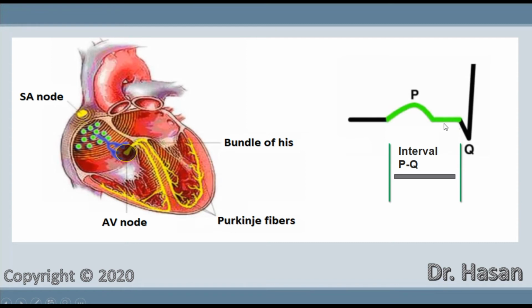Because of that, on the ECG, after the P wave, we see a straight isoline. So, to summarize, the PQ interval includes the excitation of the two atria, this means the P wave, and the time it takes for the excitation to pass through the AV node until the ventricles are excited.